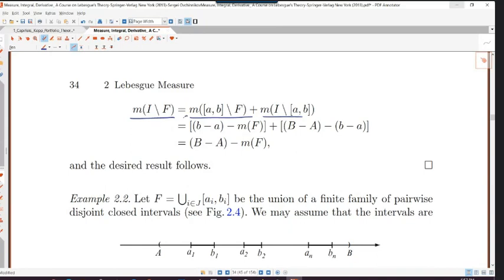By definition, the measure of the first set is equal to B minus A minus the measure of F, and the measure of the second is the length of the interval I minus the length of the closed interval, B minus A. You can simplify this identity, and finally you have B minus A minus the measure of F.